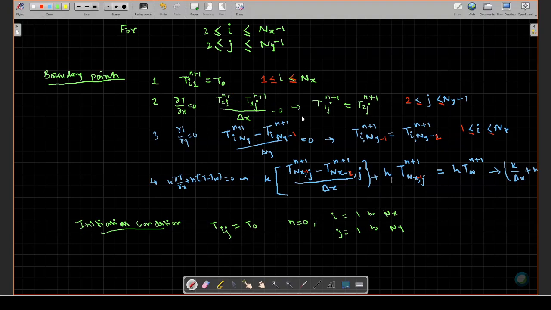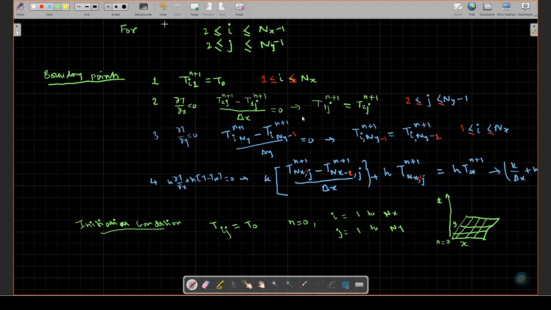It means that at time t equals 0, I'll just make a diagram here. Suppose you have, now I'm making it a little 3D, this is your x, this is your y. Now I made the same plate in 3D, and this is your time axis. So at n equals 0, initial conditions are given at all the points, all these grid points.